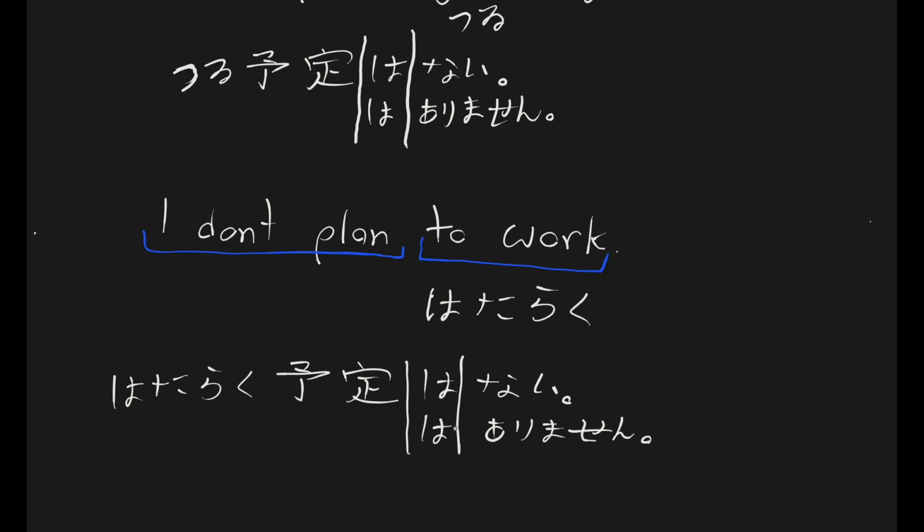So the translation to I don't plan to work would be hataraku yote wa nai or hataraku yote wa arimasen. Those are the two ways, the casual and the formal way, to say I don't plan to work, which is the lack of intention to work. Not planning to not work, but you don't have a plan to work.